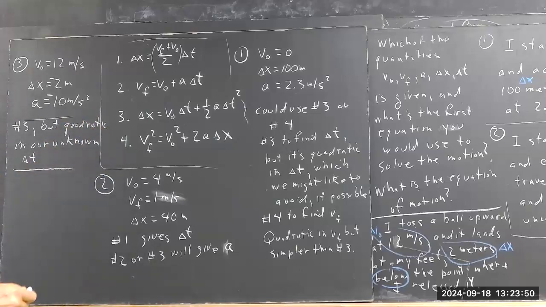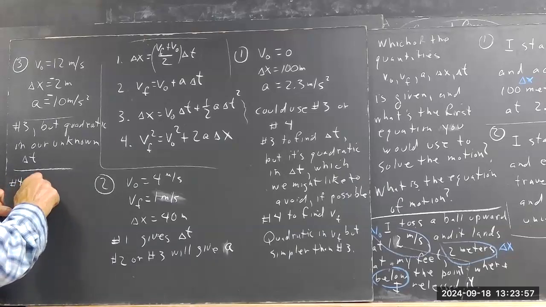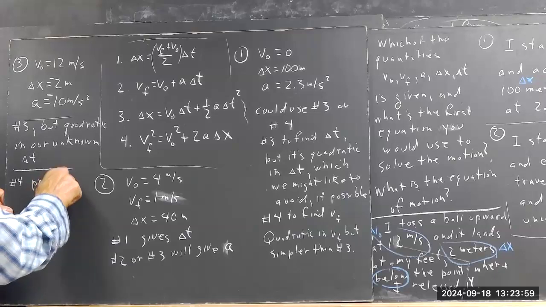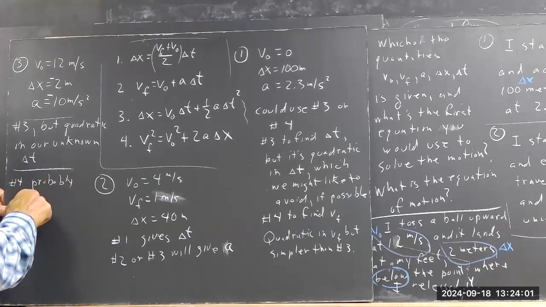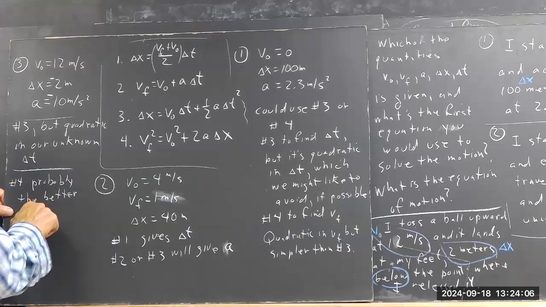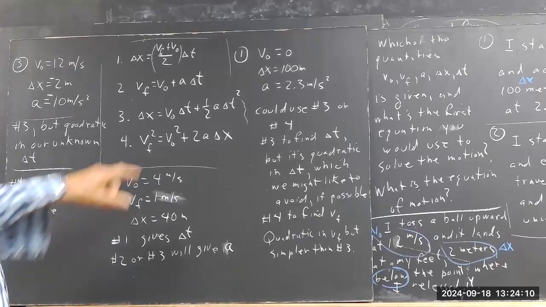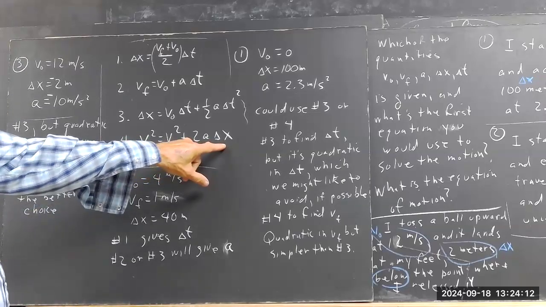Number 3 could work. Number 4 is probably a better choice. We've got V naught, we've got delta x, and we've got a.